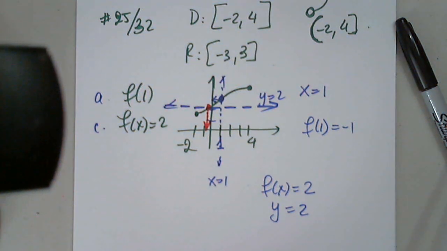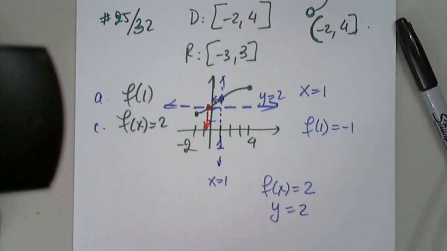So now let's look at, okay, here it is. For f of x equals 2, I imagine that I draw a horizontal line through y equals 2. It crosses the graph at this point, and I will be reading the x value.